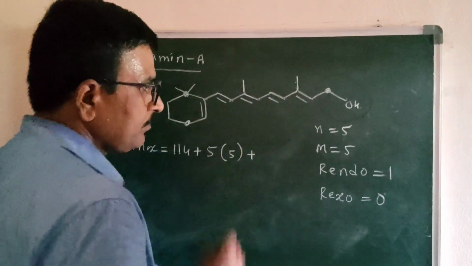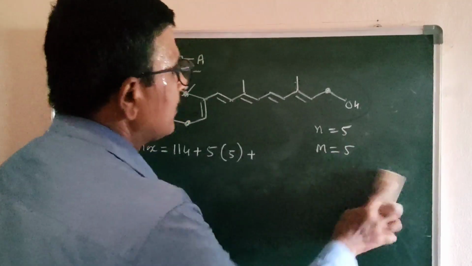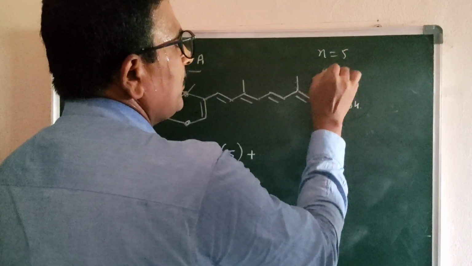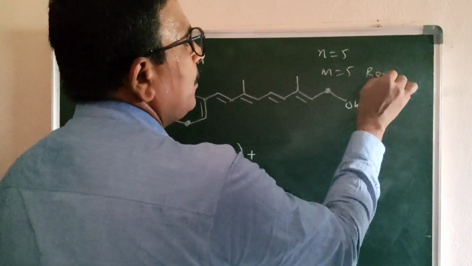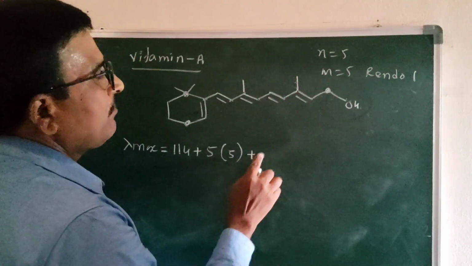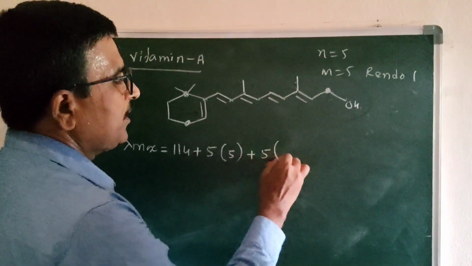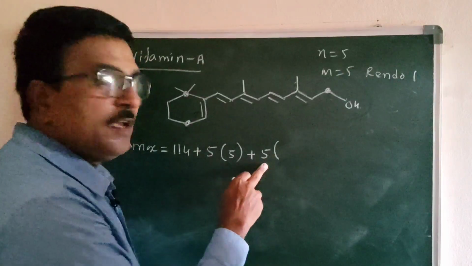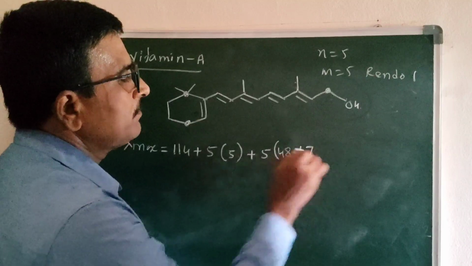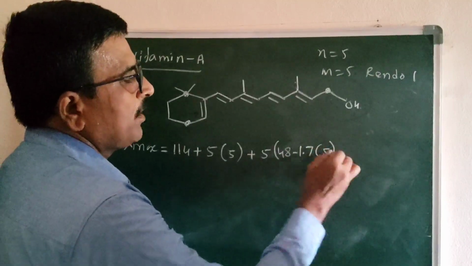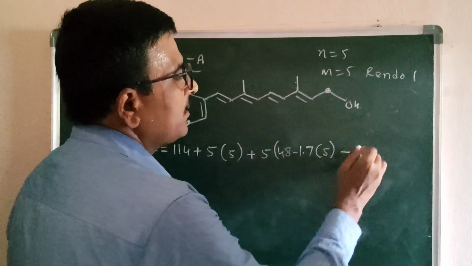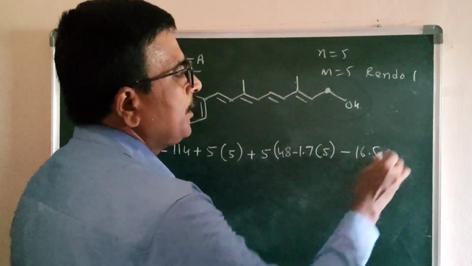Plus, N is equal to 5, M is equal to 5, R endo is 1. Plus the number of double bonds, which is 5: 48 minus 1.7 into 5. The number of double bonds is 5, minus endocyclic 16.5 into 1.